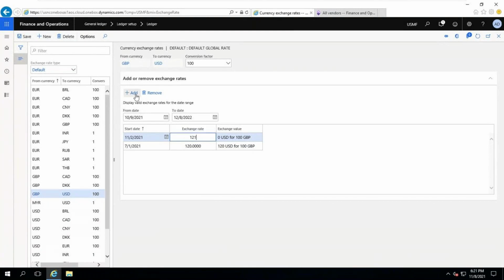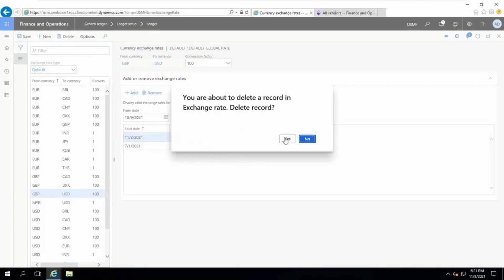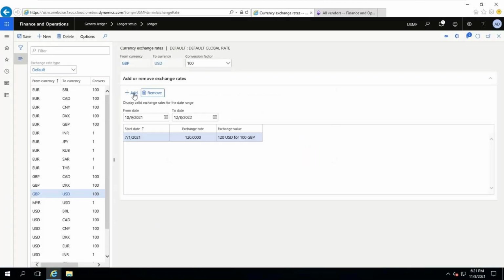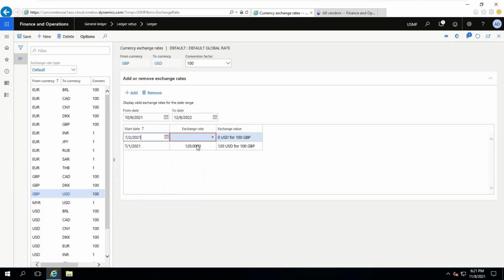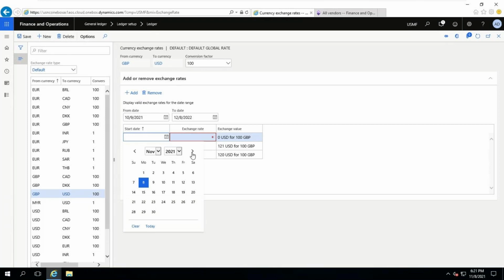But if you are running the foreign currency revaluation on that specific day, then it will consider that one only. Let me do it once again. Give me a minute. July 2nd. 121. Third July.